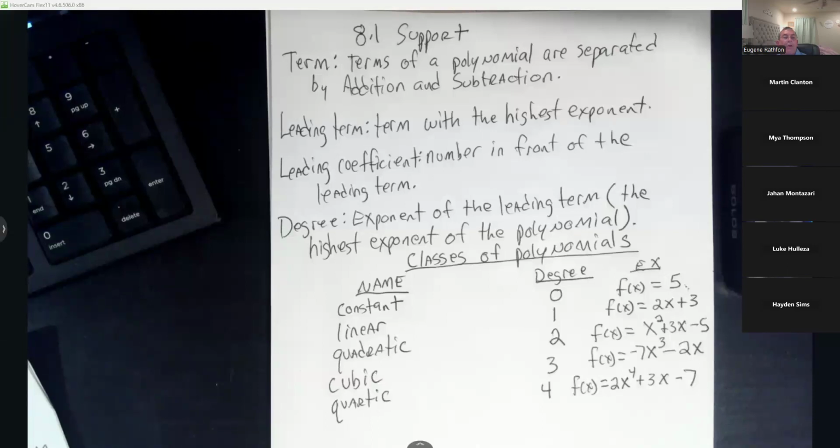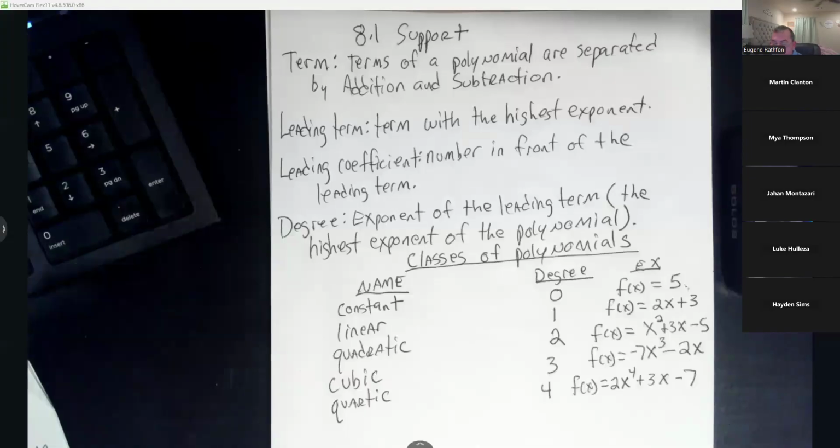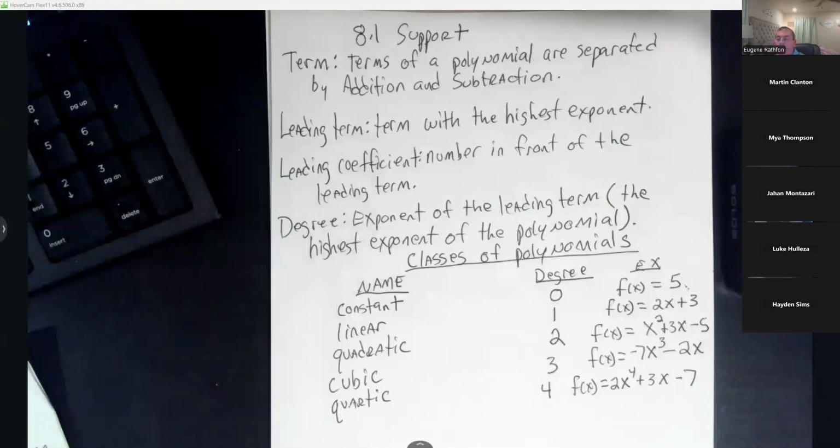The degree of this polynomial, well, y'all, that's the exponent for the leading term. So that was a 2. So you put in the degree. And then finally, we're going to classify it. So, y'all, what did I say would be the classification if the highest exponent was a 2?